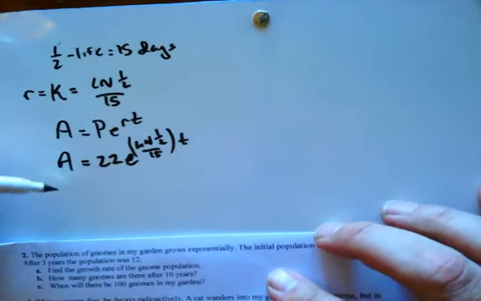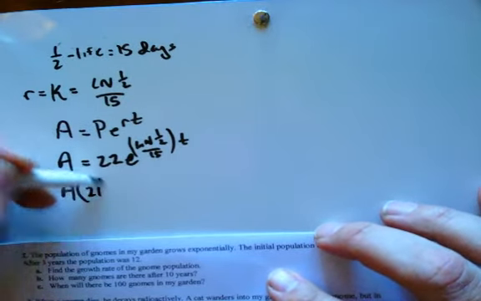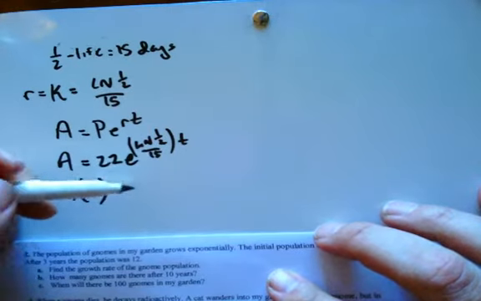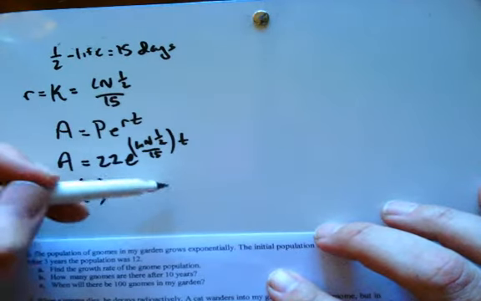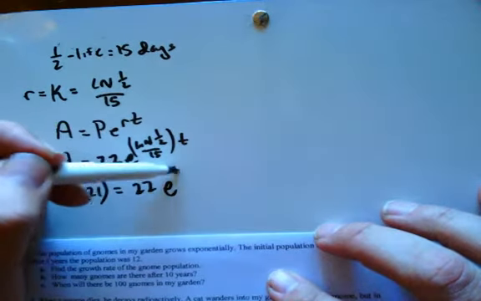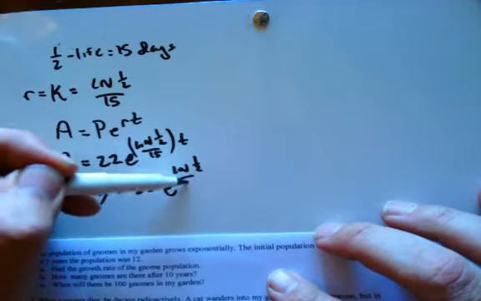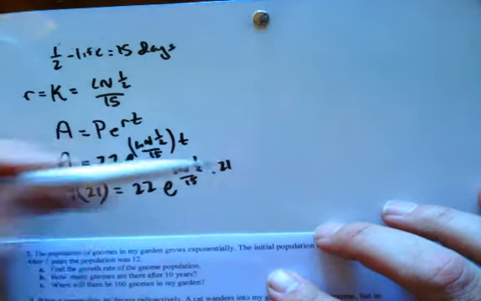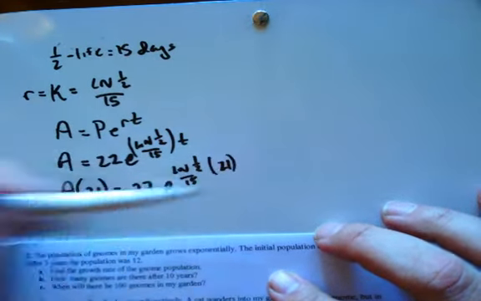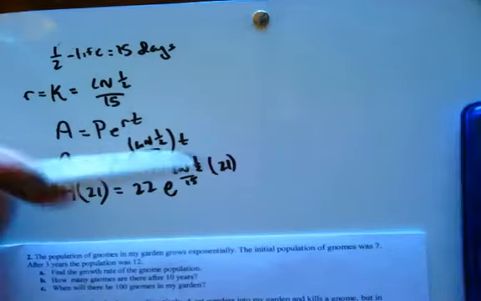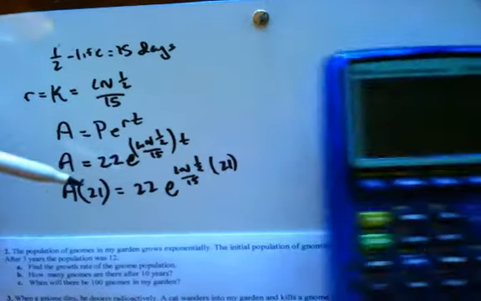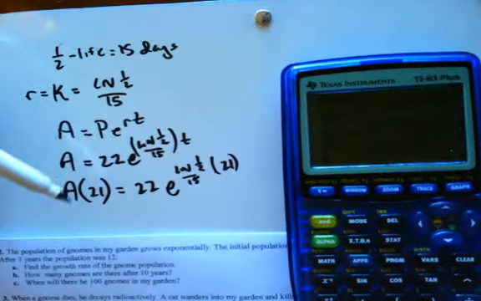Well, 3 weeks is how many days? That's 21 days. So I want to know the amount after 21 days, which means I plug in 21 for t: ln of a half over 15 times 21. This is all done on the calculator.